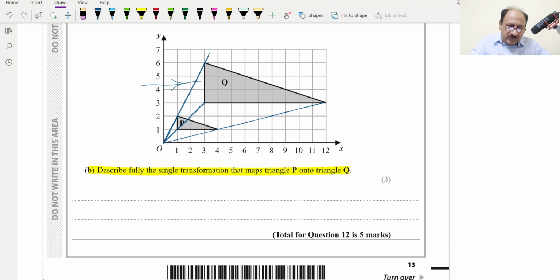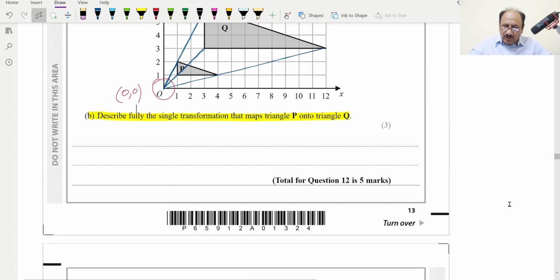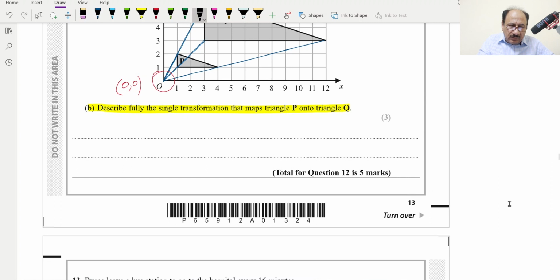So it's enlargement by scale factor 3, and this one is the center of enlargement, which is 0 0. 0 0 is the center of enlargement. So we can write our answer over here.